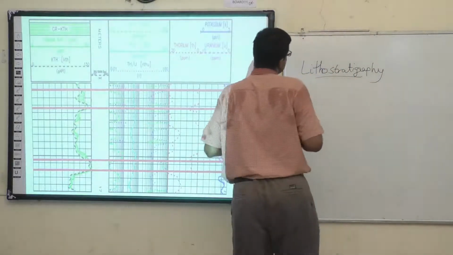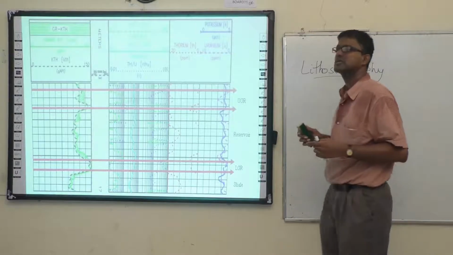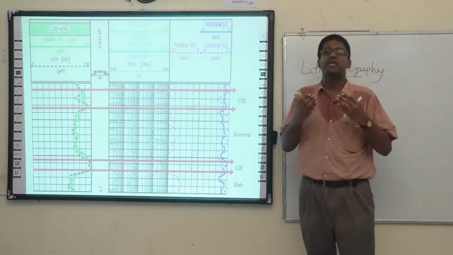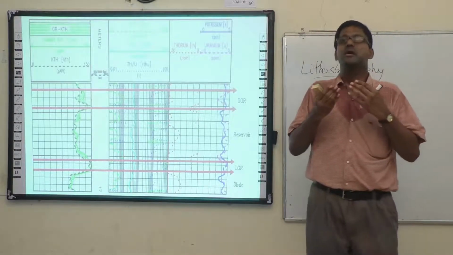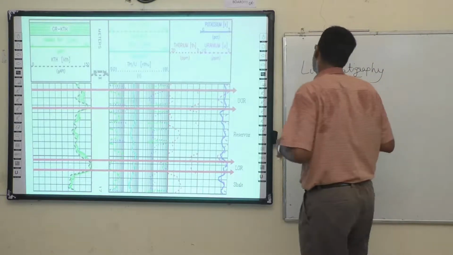Now, the beauty of using NGS logs is that we can divide within the Nandilam formation.